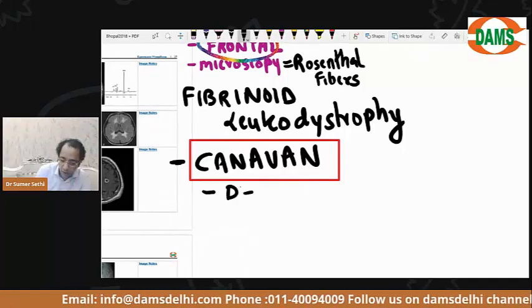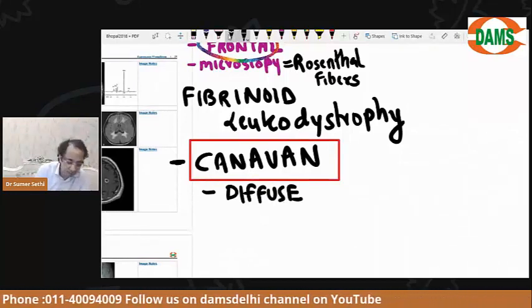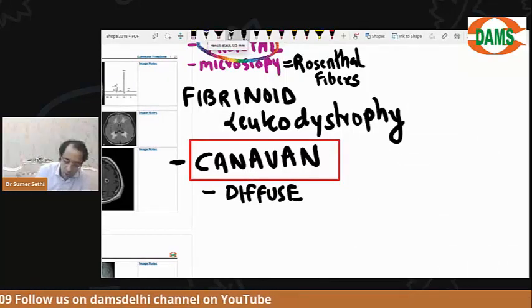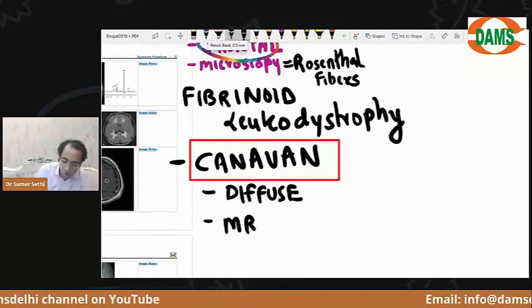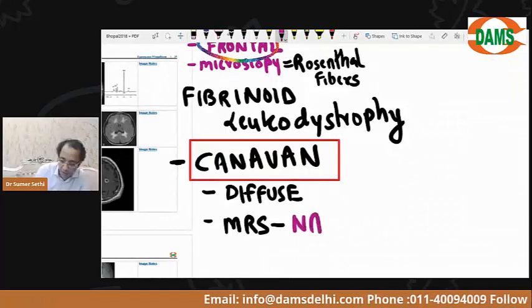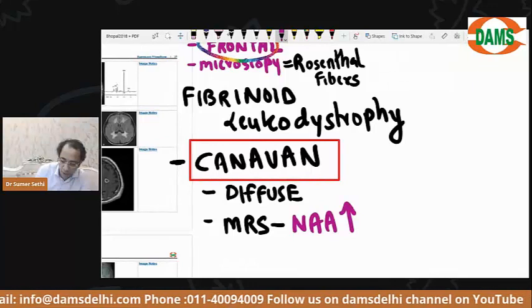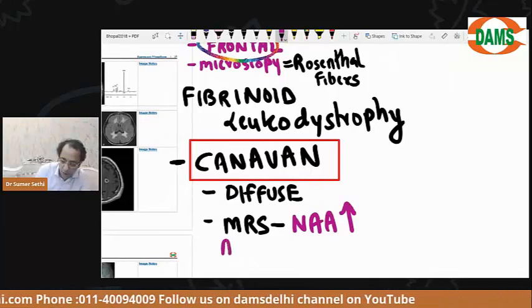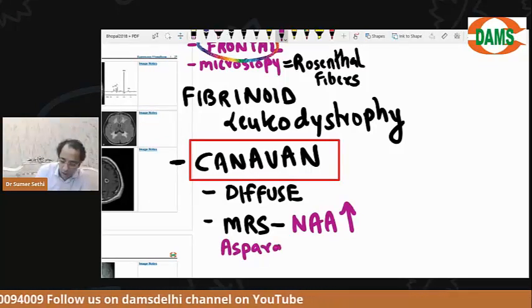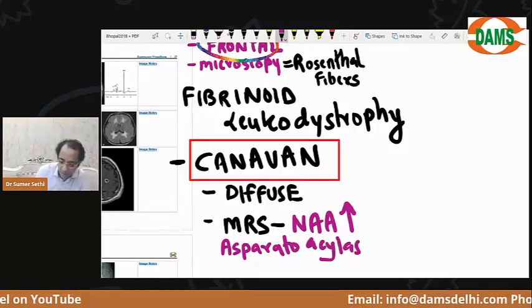In Canavan's there is no frontal or parietal predominance, the whole area is involved, diffuse involvement. And when I do MR spectroscopy, you will find elevated levels of N-acetyl aspartate. You remember the enzyme that I taught you last time? Aspartoacylase deficiency.